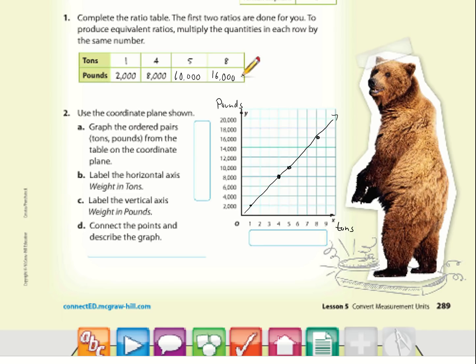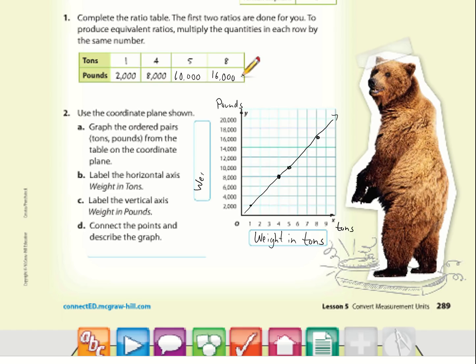Label the horizontal axis weight in tons. And then label the vertical axis weight in pounds.